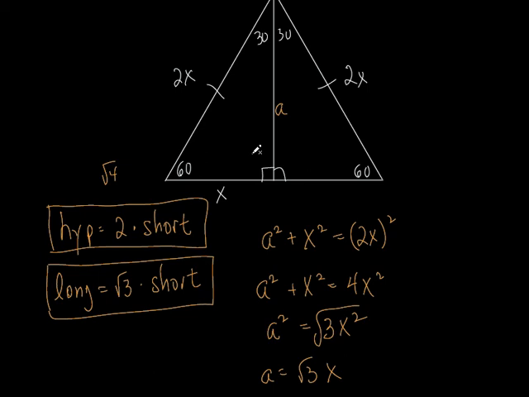The square root of 3 is, right? Square root of 3 is just a little bit smaller than the square root of 4, so that's how I remember it anyway. Okay, that the long leg is just a little bit smaller than the hypotenuse. The hypotenuse is twice as big as the short side. The long leg is just a little bit smaller, the square root of 3 times the short side. And there's our two relationships right there. What do you think? Is that all right?